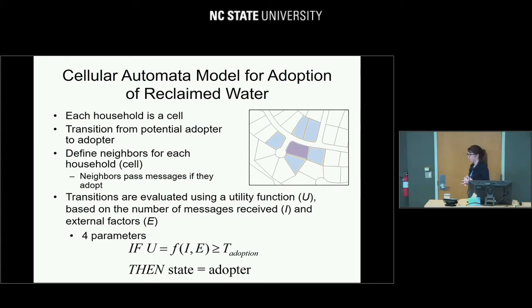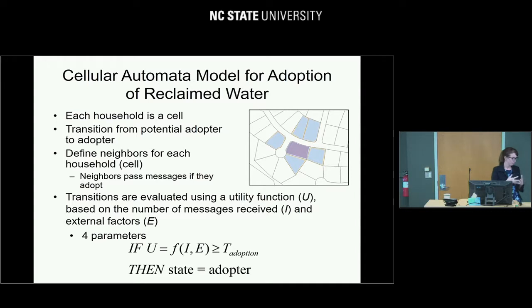So I'm going to use a CA model to look at a neighborhood distribution or diffusion of water reuse, and then an agent-based model to explore how social networks can affect adoption. For a CA model, we just represent each household as a cell that transitions from a potential adopter to adopter.